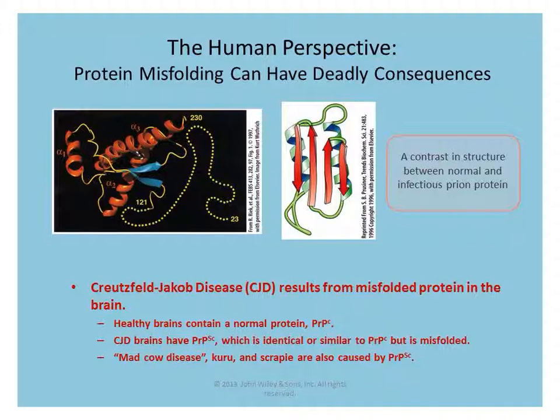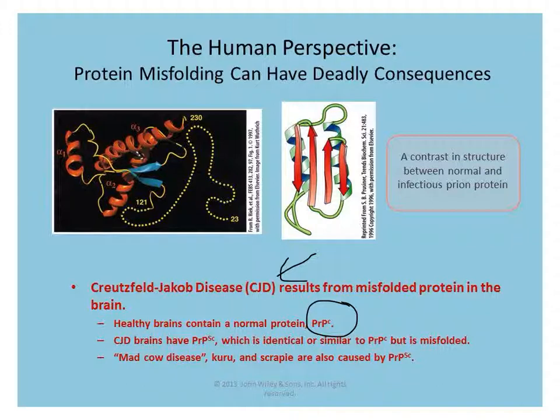This particular slide is showing you Creutzfeldt-Jakob disease, also abbreviated CJD, and there's a protein called prions that are thought to be responsible for this disease. The normal protein PrPC will not misfold improperly.